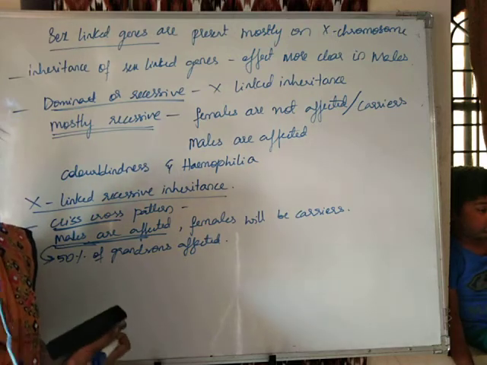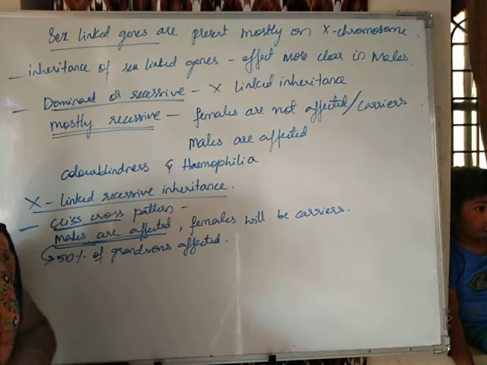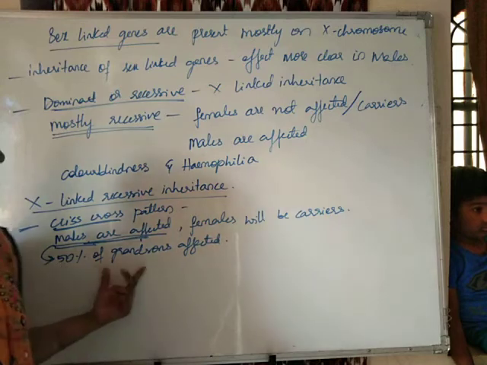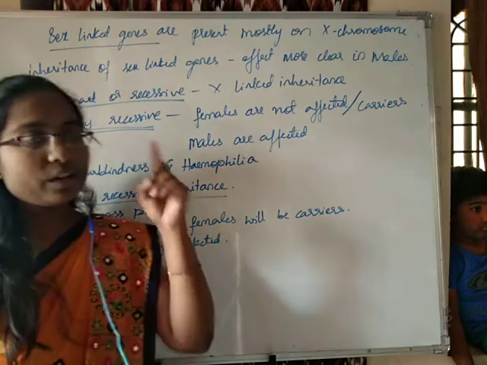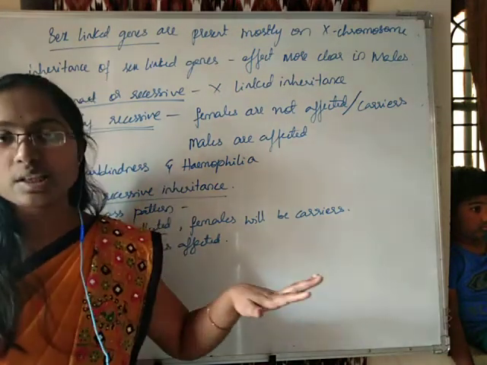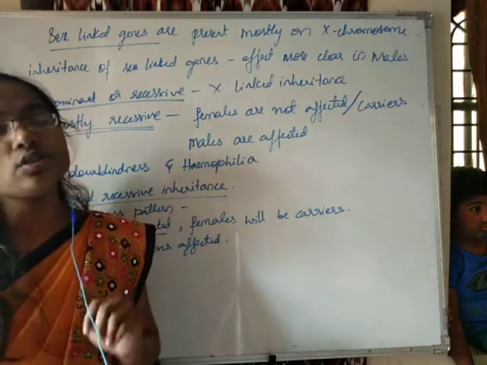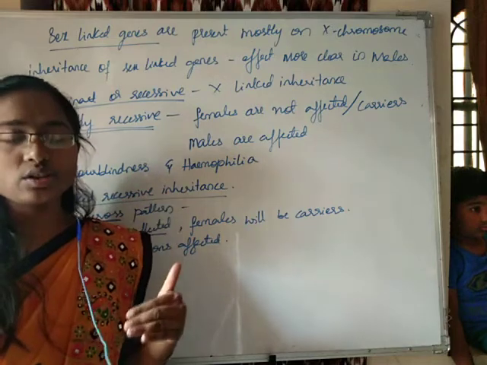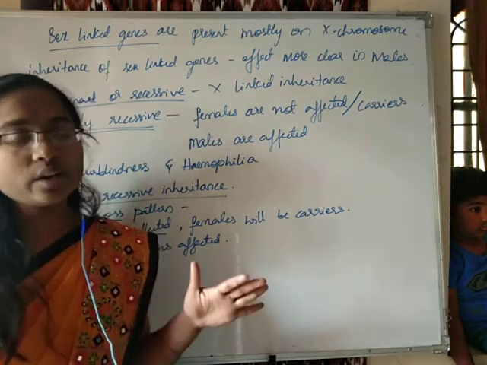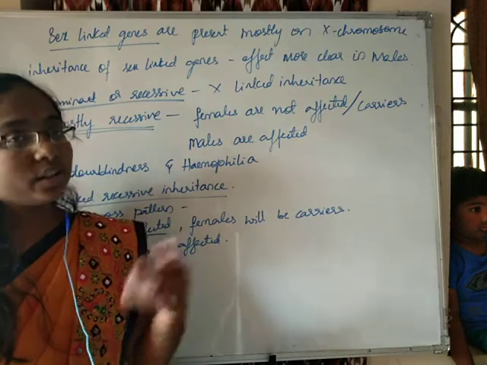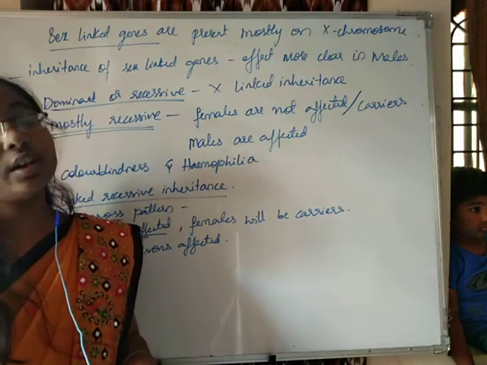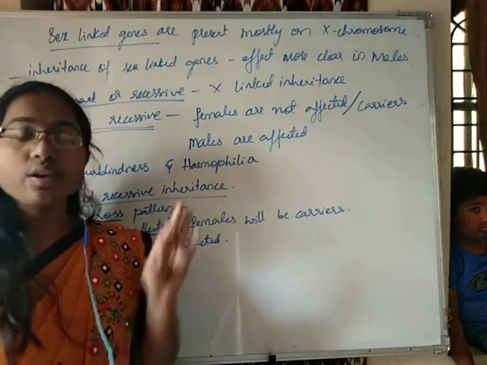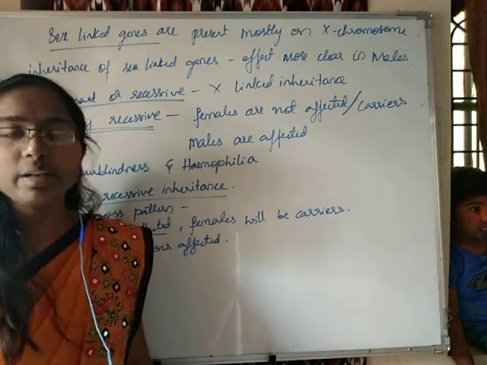The females are not affected, but in the third generation, 50% of the grandsons are affected. From an affected male, the daughters are not affected. In the next generation, immediately after males, there is no expression of this character, and in the grandsons' generation, 50% of the grandsons will be affected.